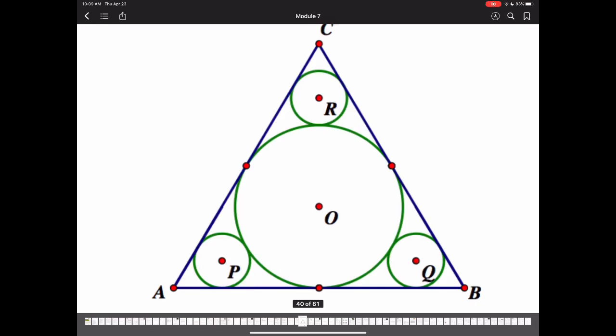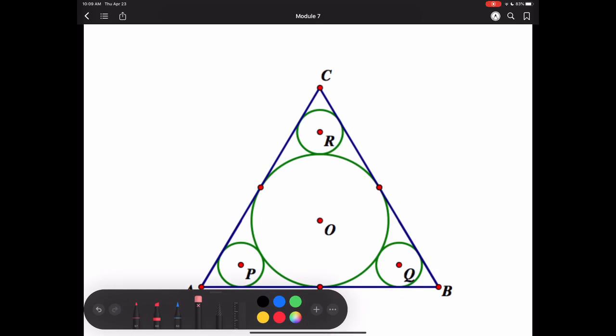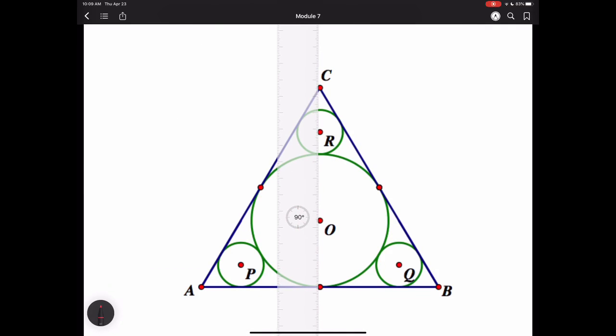Okay, so they have not given us an immense amount of information, so we need to do a lot here to extrapolate. So one thing that we know, first of all, is that if we were to write in the medians and altitudes and everything, they actually are all the same line on an equilateral triangle, okay? So, whoops, it's a little off.